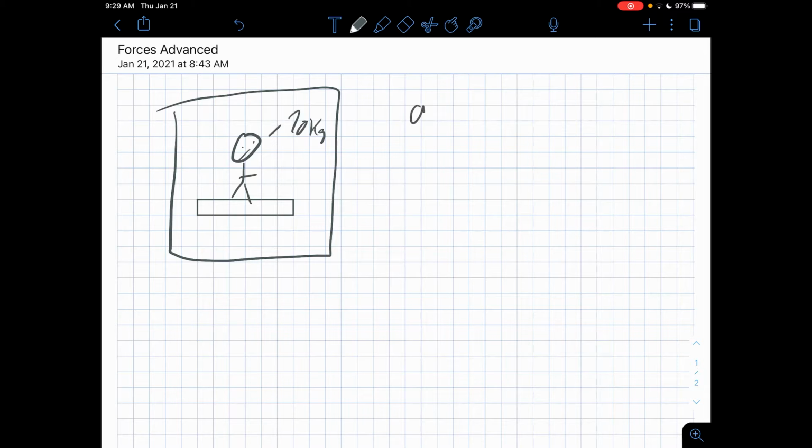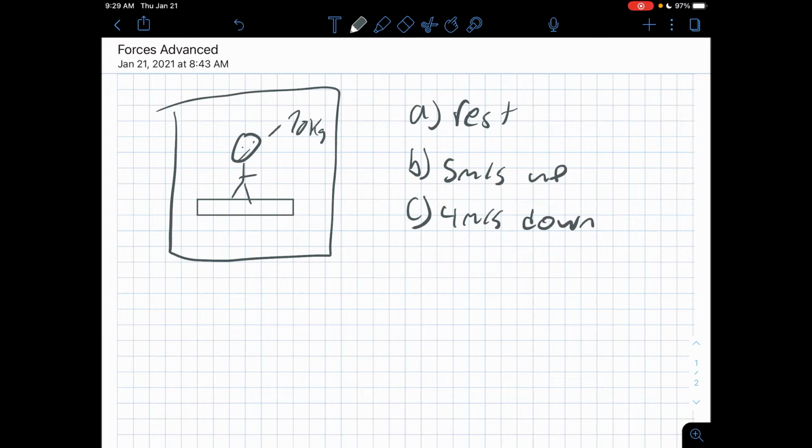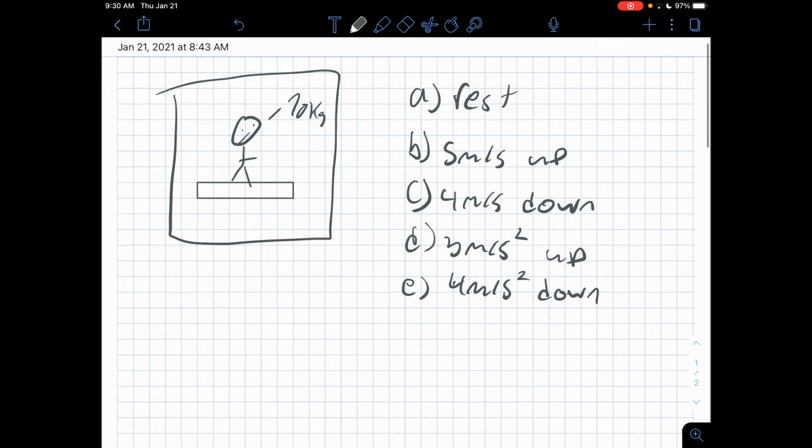What will the scale read when the elevator is at rest, when it is moving 5 meters per second up, when it's moving 4 meters per second down, what it reads when it's accelerating 3 meters per second squared up, and what it reads when it's accelerating 4 meters per second squared down.